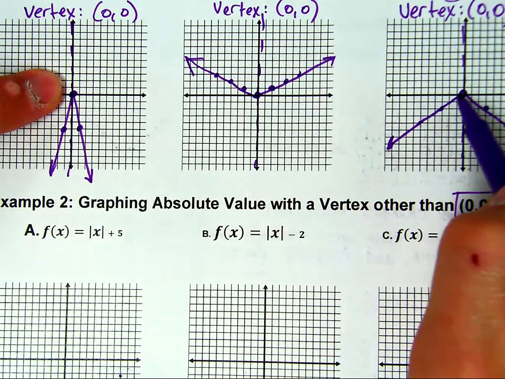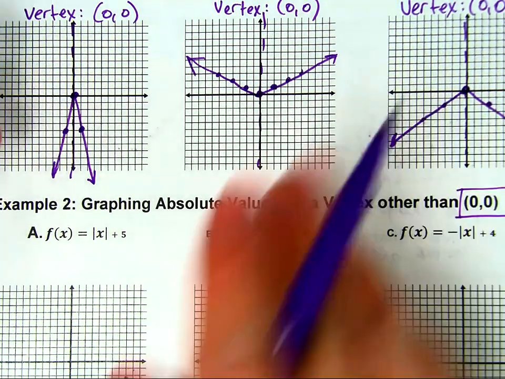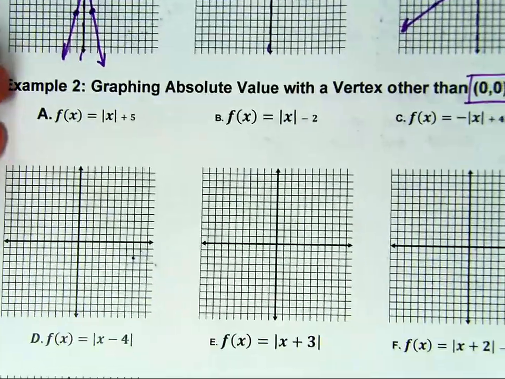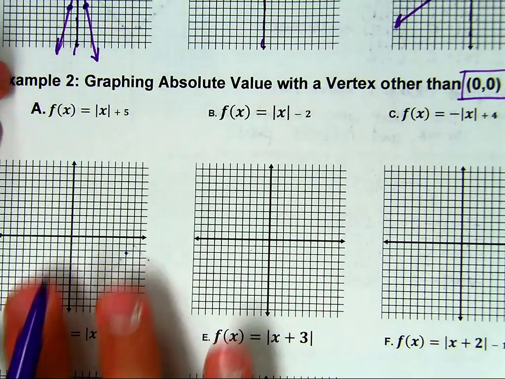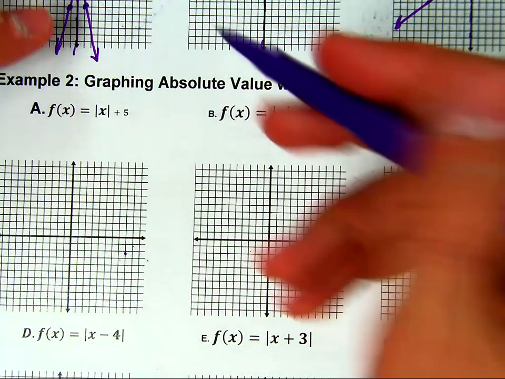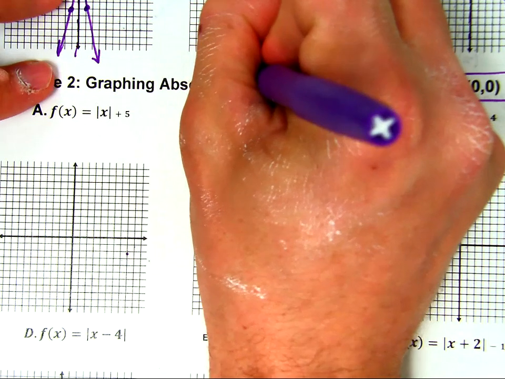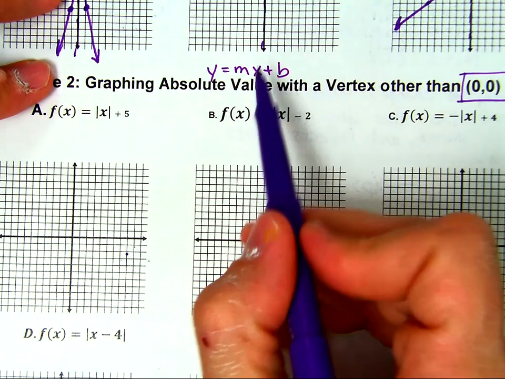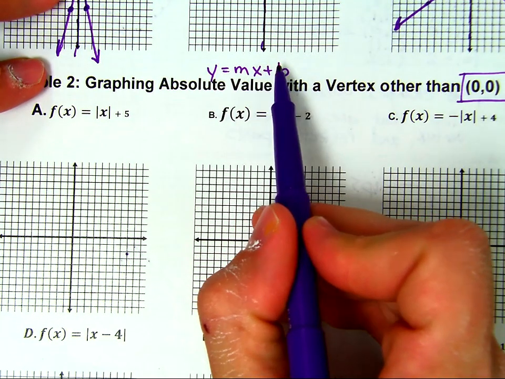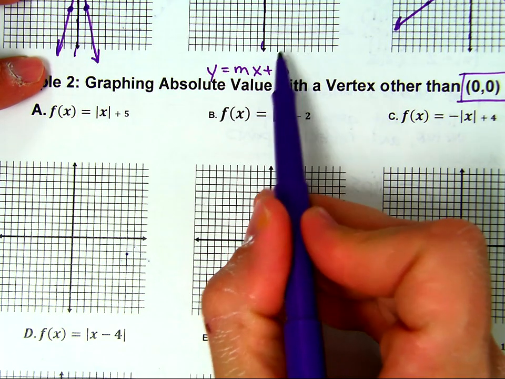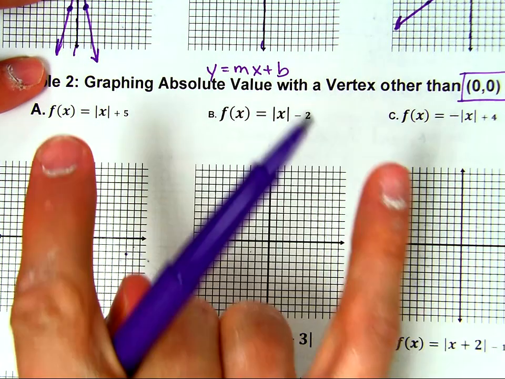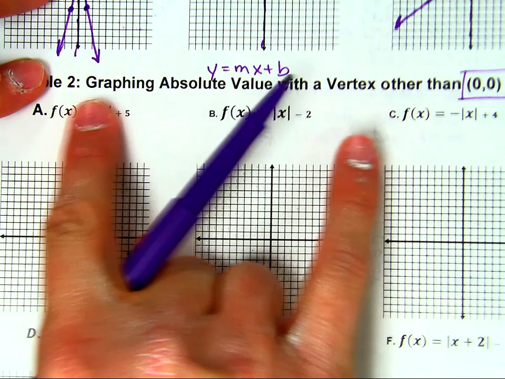So if we go down to take a look at A, B, and C, remember how if we were graphing something in slope-intercept form, y equals mx plus b, the value that we add to the x is your y-intercept. Well, more or less, that's going to somewhat transfer over to absolute value.